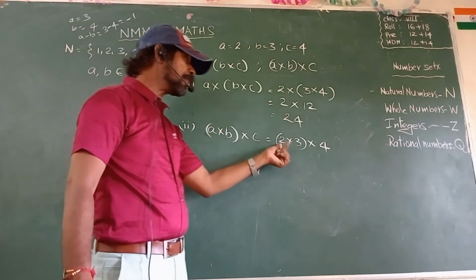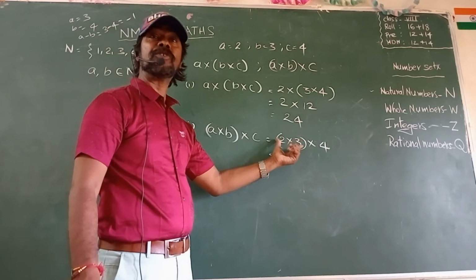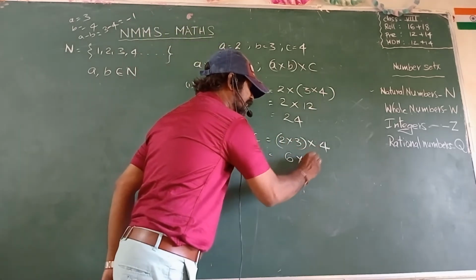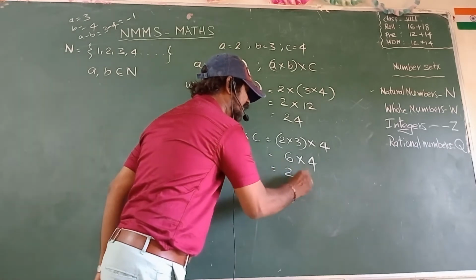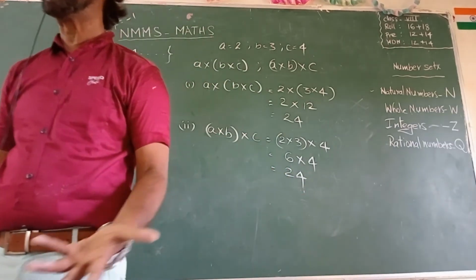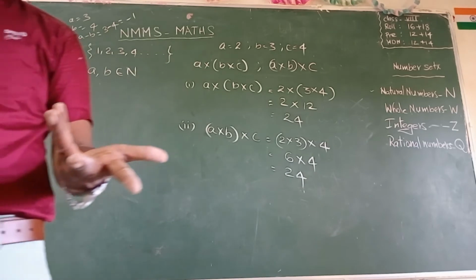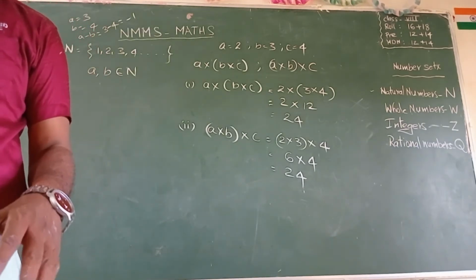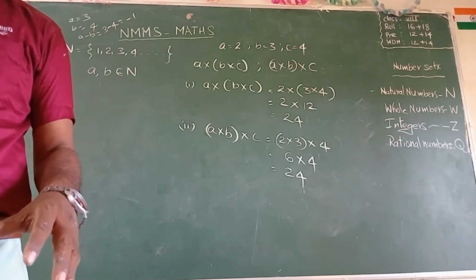Here we are multiplying 2 and 3 first because those two are in the same bracket. 6 into 4, we are getting the answer. Operation success.